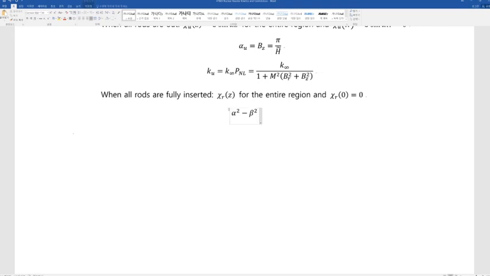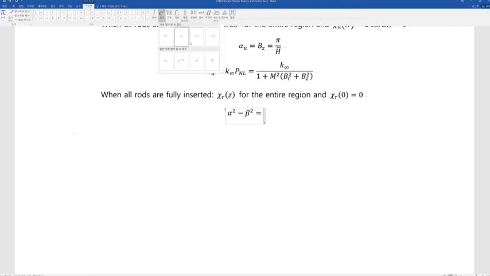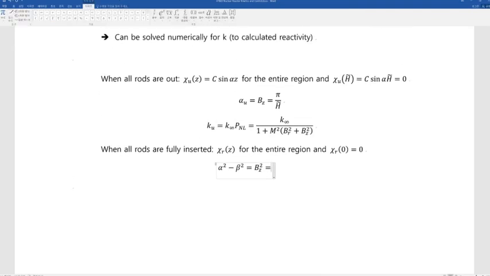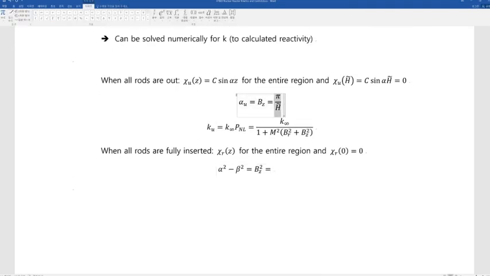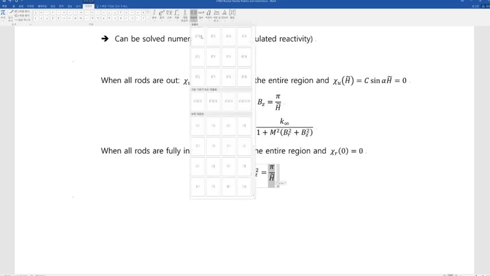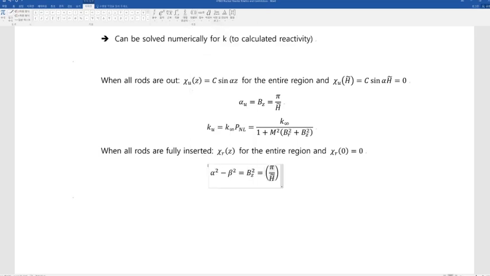So this will be the same as B_G squared, and previously I told you that B_G is defined here as pi over H tilde. So because this is B_G, its square should be provided.